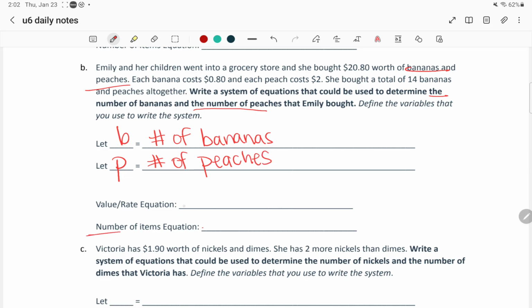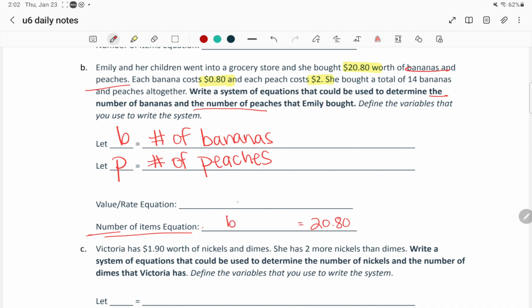Okay, the number of items equation is always easiest for me. I'm going to look over here and I'm going to find my three things. I see money, money, and money, the worth of each item. Okay, so I know that we bought a total of $20.80 of bananas and peaches.